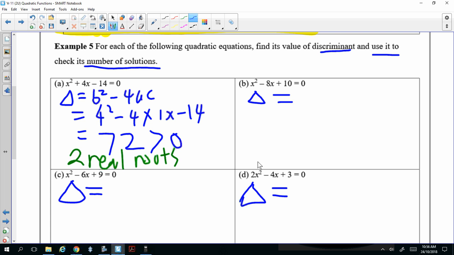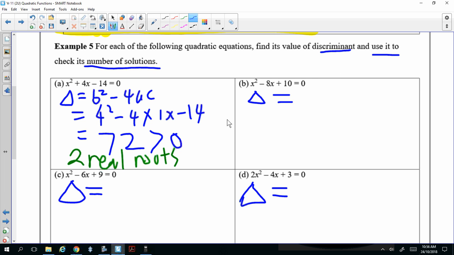Okay, do that now. You can say if it's a perfect square, but you don't have to. You just say how many solutions. But you can tell from the discriminant whether it's rational or irrational.